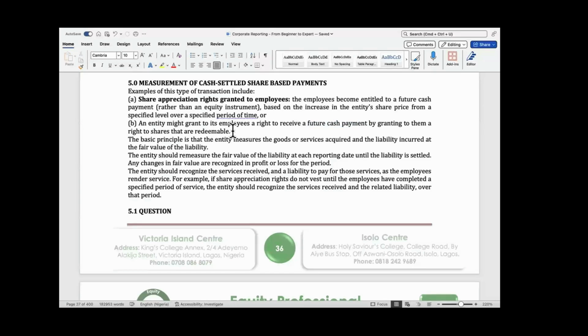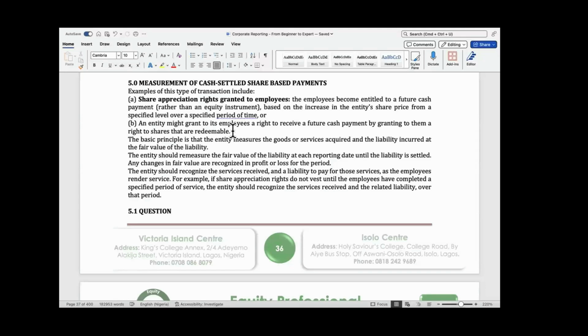So they can give them shares now and tell them that after 2 years, we'll buy it back from you and we'll ultimately give you cash when the share price has increased. But the core substance here is that the entity, who is now the receiver of service, will ultimately pay cash. For that reason, I told you that the corresponding credit is liability because they have to pay cash.